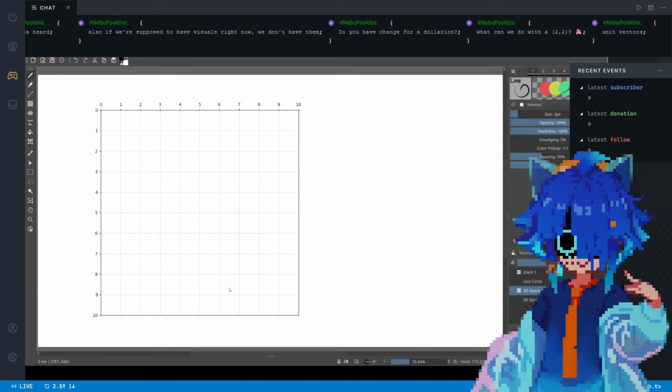So let's drop down our 2 vectors again. So 1, 3 and 3, 1. Give them some little tips.